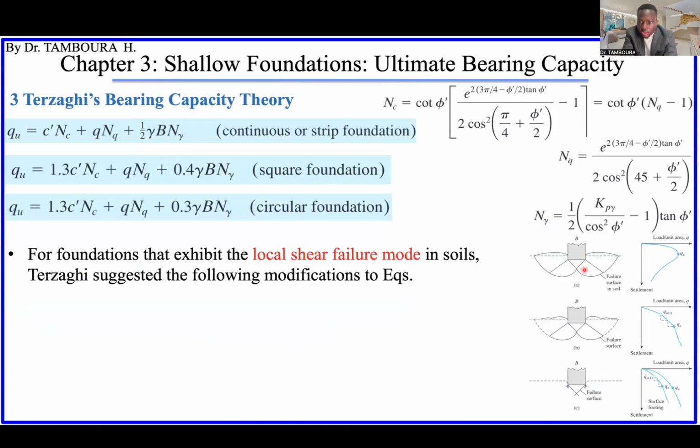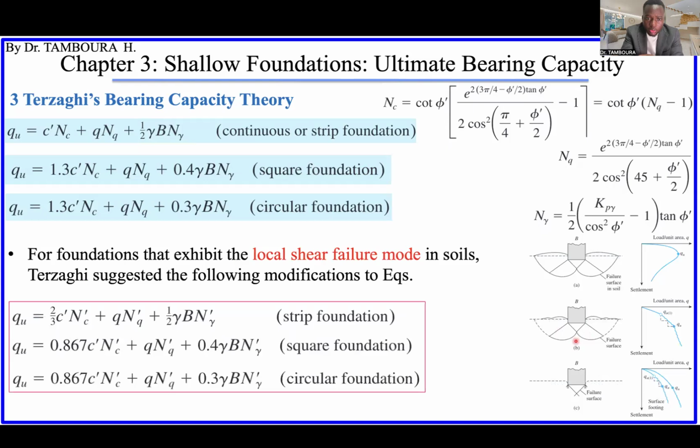This is just an explanation of the different types of failure we explained last time: general, local, and punching failure. We are talking about local shear failure, and we explained last time in which condition it happens.